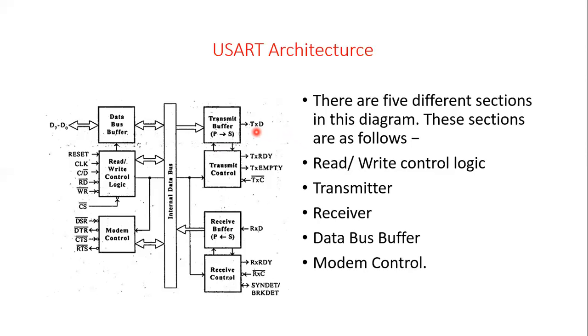TXD, that is transmit data. The serial bits are transmitted on this line. Then TXC bar, transmitter clock. This input signal controls the rate at which bits are transmitted by the USART. The clock frequency can be 1, 16 or 64 times the baud rate.